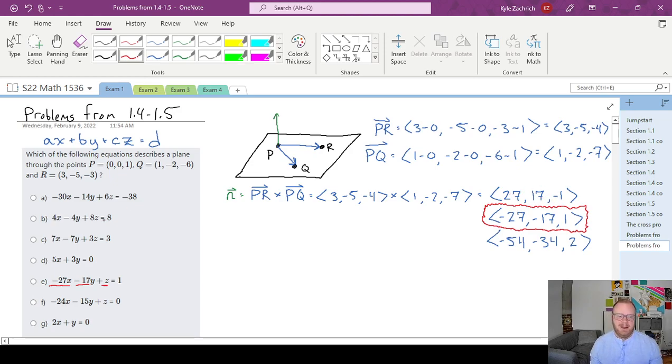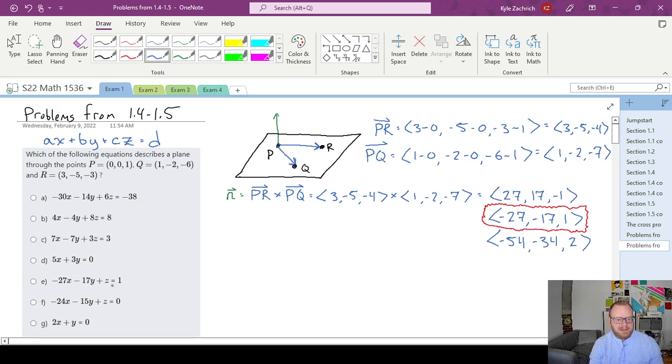That 17 is a prime number, so you're not really going to be finding anything reduced. You're not going to find a reduced version of that like you might get if you had negative 27, 9, negative 9, right? Where you could divide everything by 9 and maybe look for that one. Anyway, point of caution, think about the parallel vectors, right? Because you might see the parallel form in there.